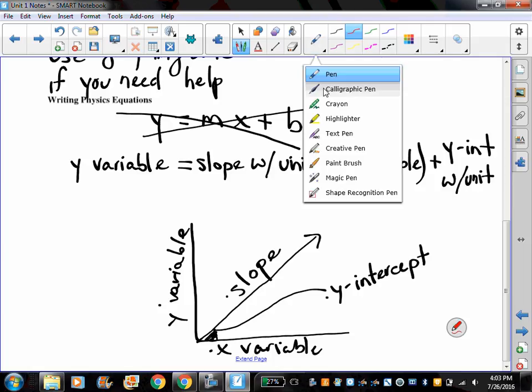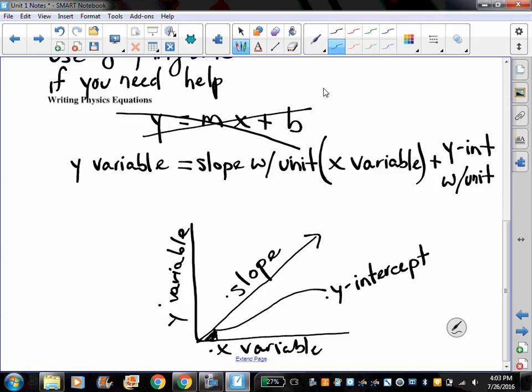To help you guys here, because I know the hardest part is figuring out what the units are: the unit for your y-intercept is the same as your y variable. For the slope, your units would be your y units divided by your x units.